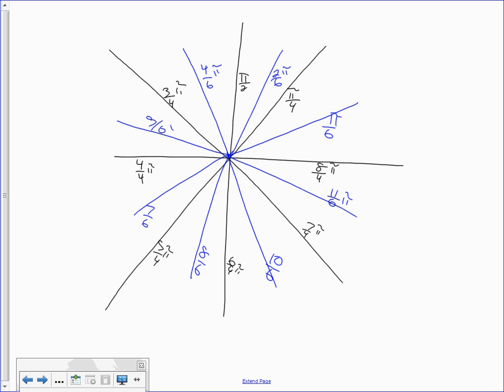I just didn't simplify my fractions. That's the quickest way around the circle. Simplifying the fraction part's the easy part.